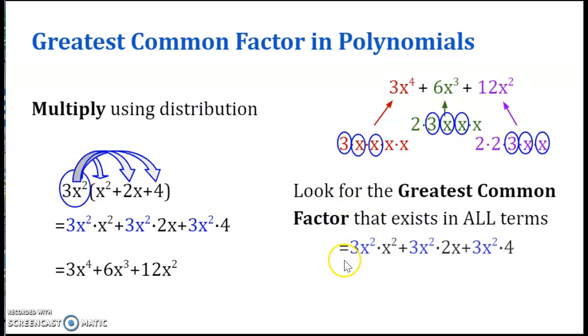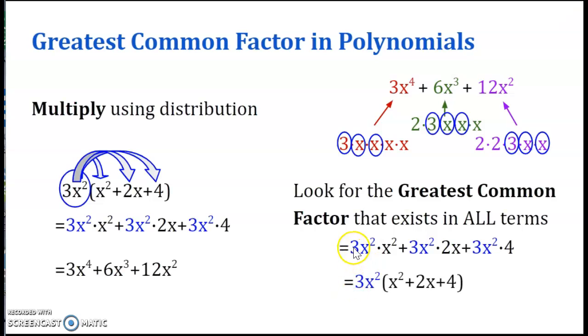Okay? So we can say that the first term really is 3x squared multiplied by x squared. And the second term, 6x to the power of 3, is really 3x squared multiplied by what's left, which is 2x. And then 12x squared is really 3x squared multiplied by 2 times 2, which is 4.